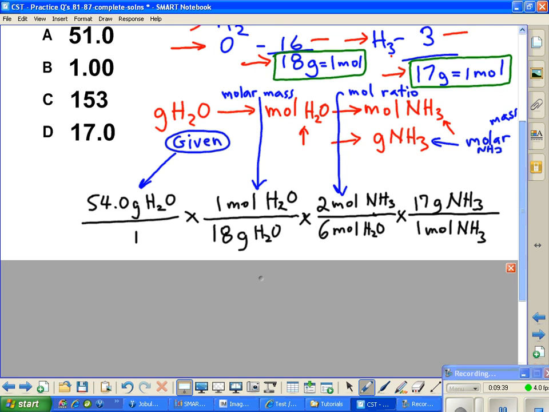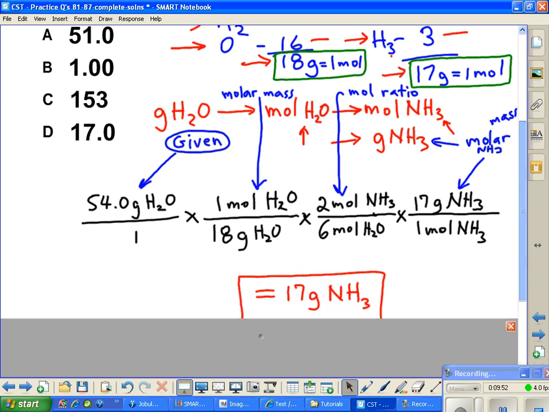And the molar mass of ammonia is right here. When you multiply across the top and multiply across the bottom and divide the bottom into the top, you get 17 grams of ammonia, which is why the answer here is letter D.